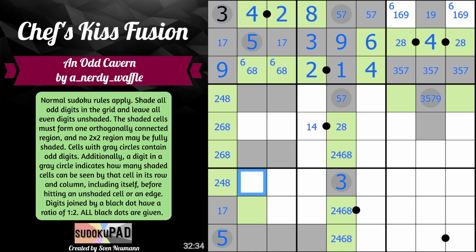Or if this is gray, right? These two are green. This needs to escape this way. Now this 3 is trapped. This 3 can only ever see green or gray, which makes this green. This must be green because of that.